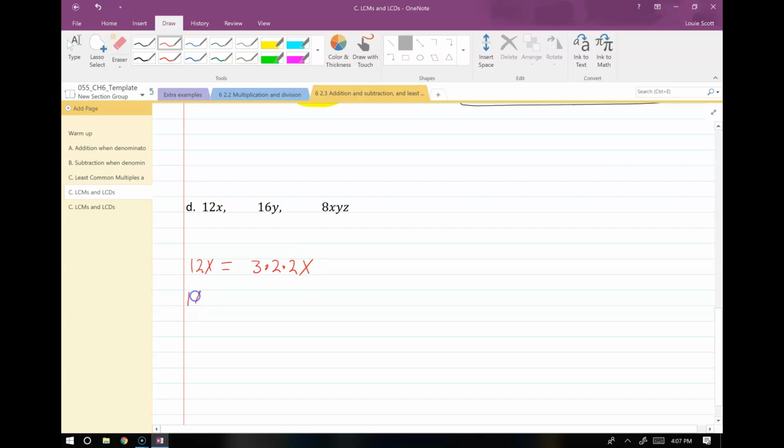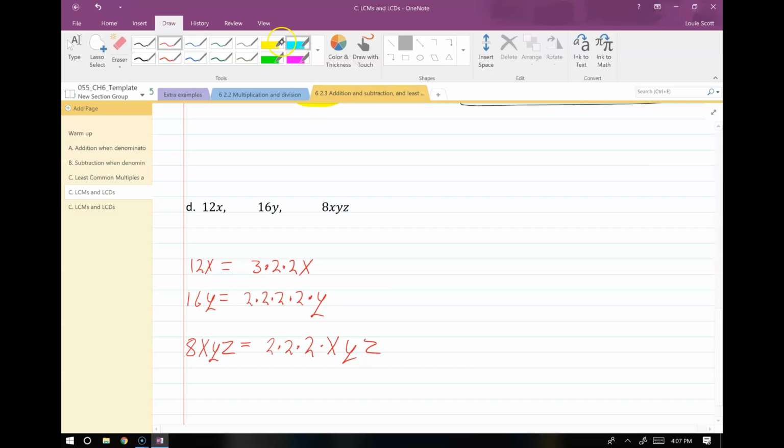I have 16y, and that's just equal to 2 times 2 times 2 times 2 times y. And then I have 8xyz, which is 2 times 2 times 2 times x, y, z.